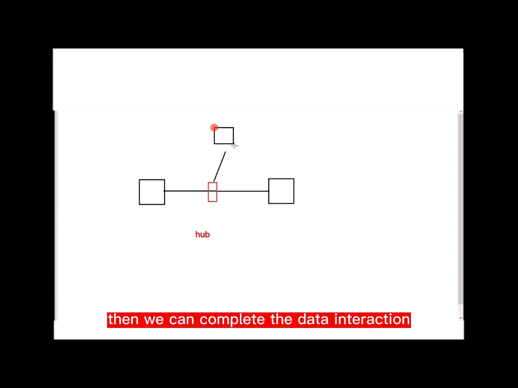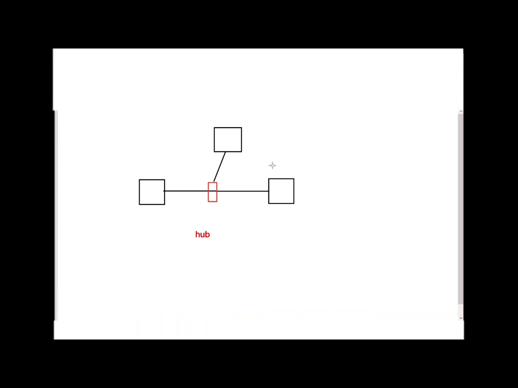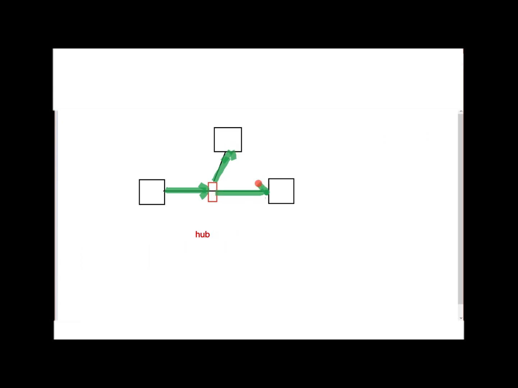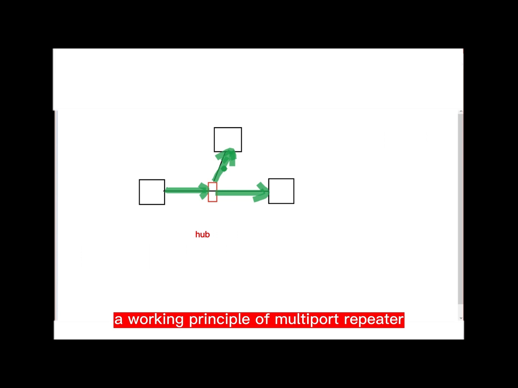Then we can complete the data interaction between multiple devices. Let's briefly talk about how it works. If the hub receives data from an interface, it will directly send a copy from the other interfaces. So it's a repeater. That is the working principle of the multiport repeater.